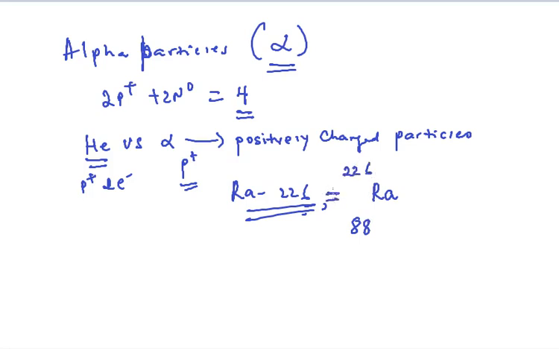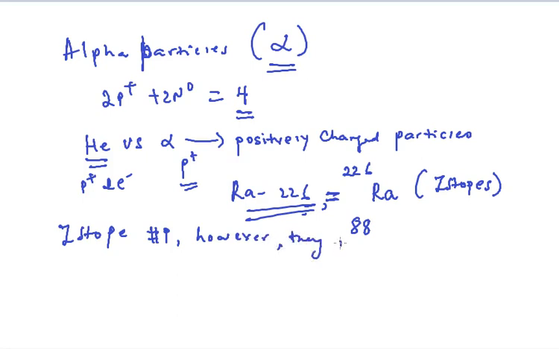These two are the same way of indicating isotopes. And what's an isotope? Isotopes are atoms having the same number of protons, however they have different numbers of neutrons. One of the isotopes of radium can be considered the source of alpha radiation.